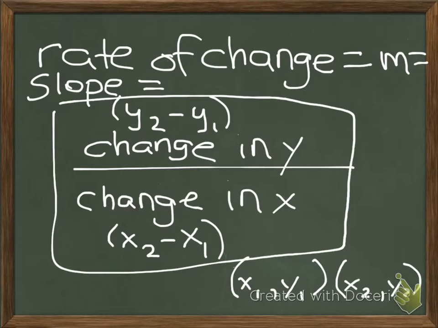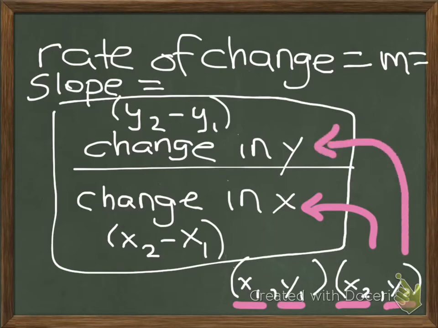So here's my x coordinates. I would subtract those as my denominator, and then I have my y coordinates, and I would subtract those as my numerator, and then I would simplify the fraction as best I can.